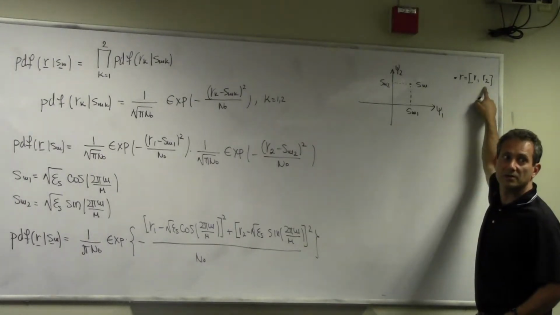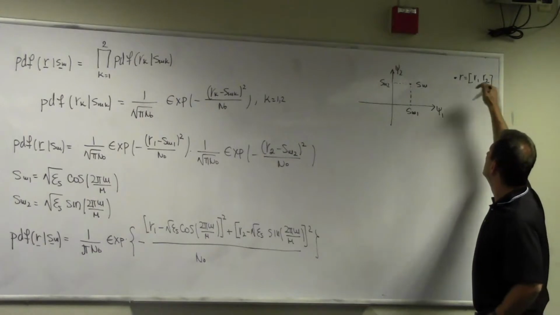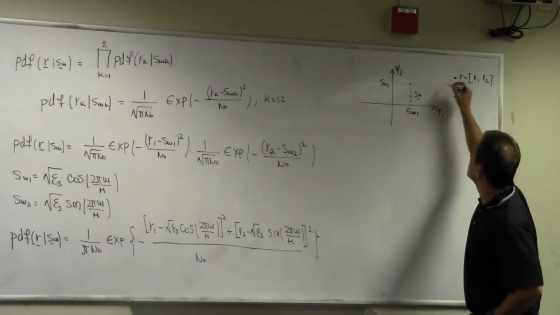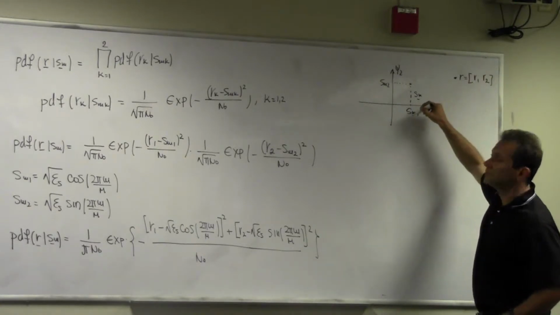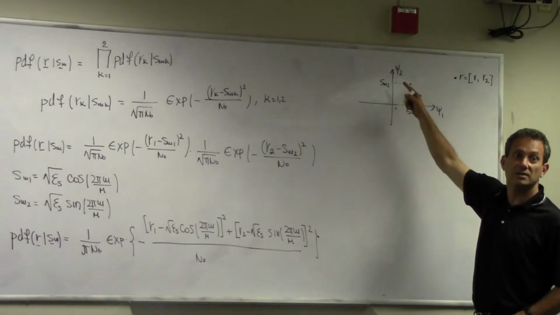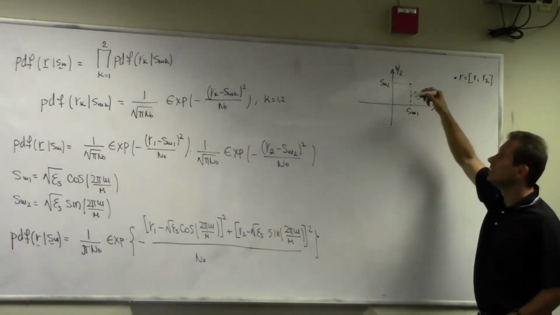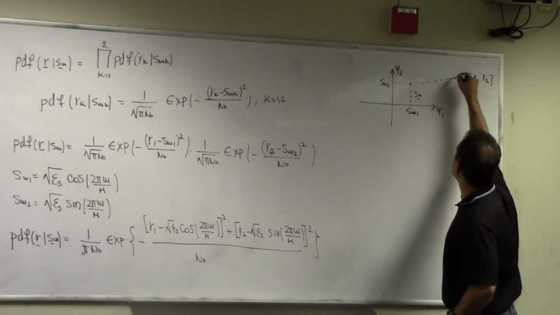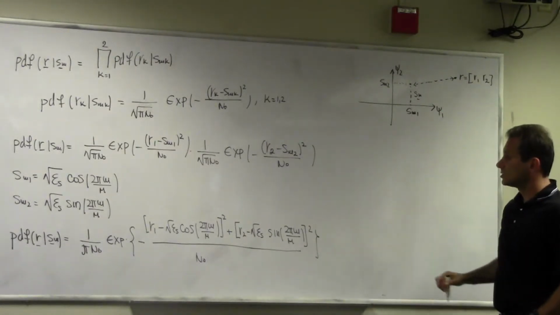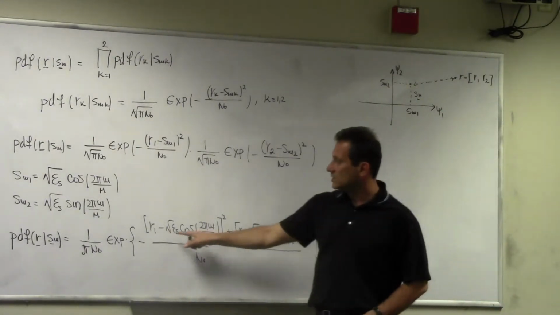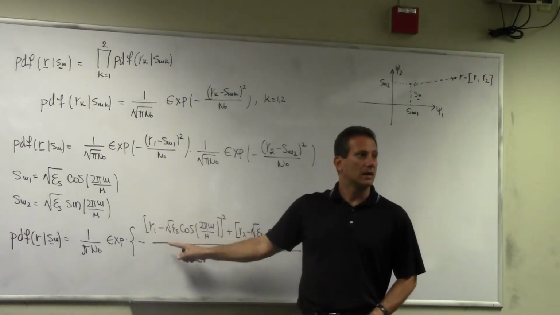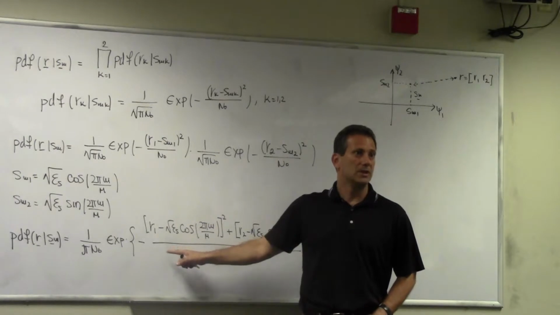What am I actually calculating? Looking at this in a vector space: first coordinate minus first coordinate squared, plus second coordinate minus second coordinate squared. So I'm calculating this distance. What I have here is the distance squared between R and Sm. Do you see that?